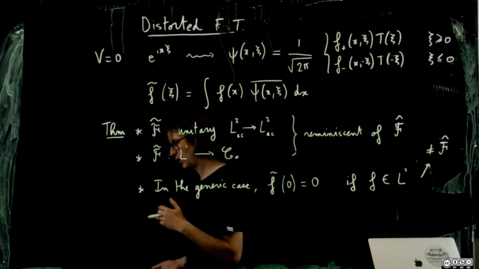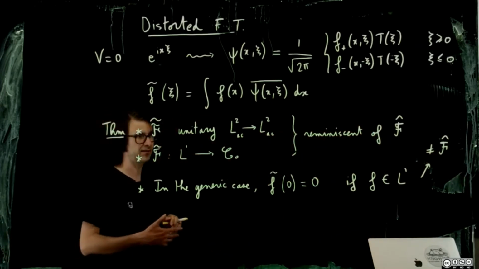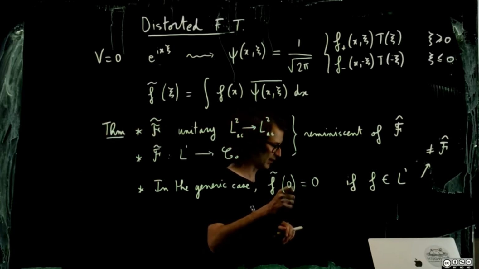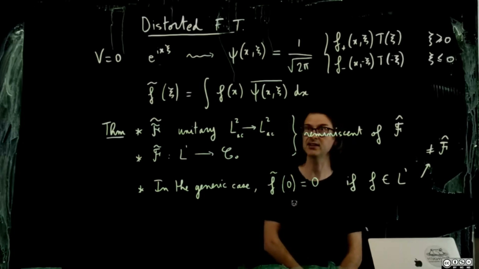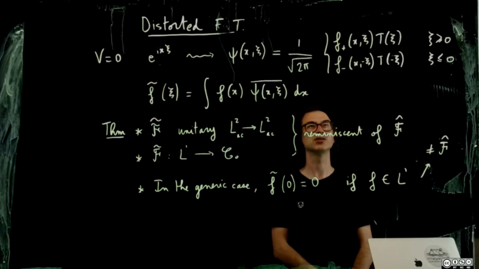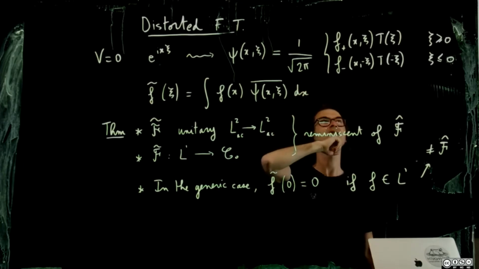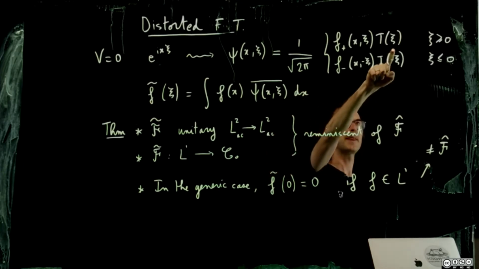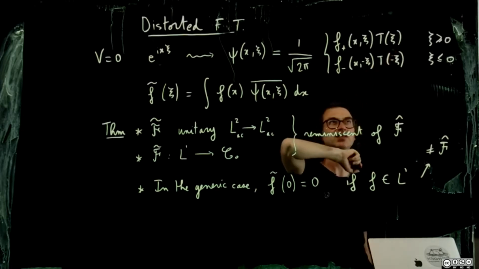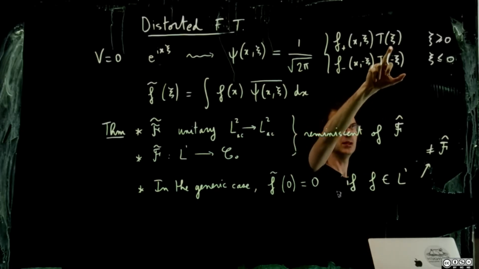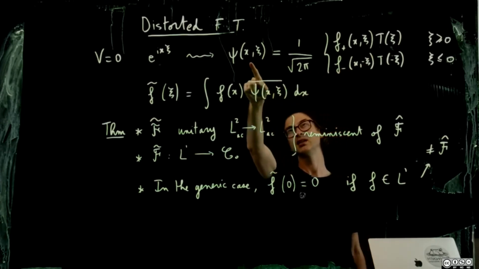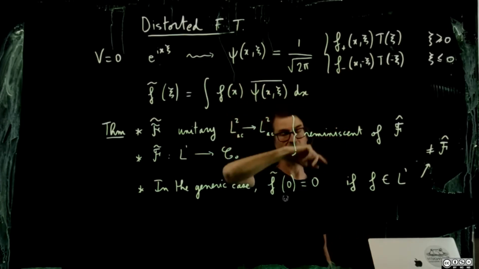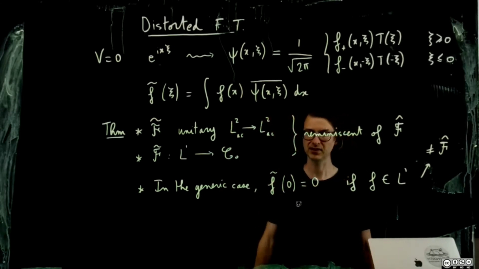For the regular Fourier transform, a function does not necessarily have Fourier transform 0 at frequency 0. But in the generic case it is, simply because if you look at this formula and you plug in xi equals 0, what you get is t of 0. And in the generic case, t of 0 is 0, so what you get is that the function psi of x, 0 is 0. So there is just no way that f tilde of 0 is something else.